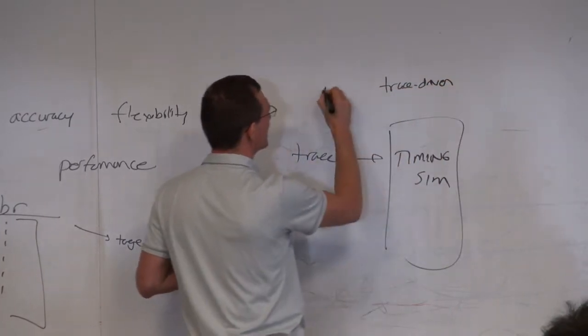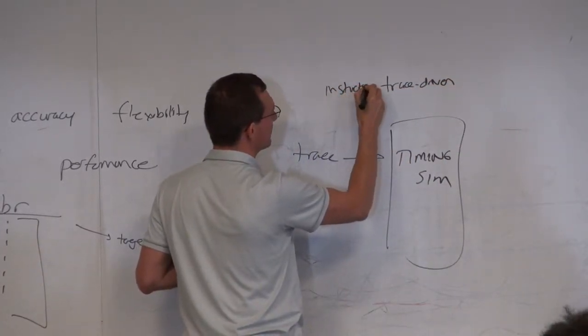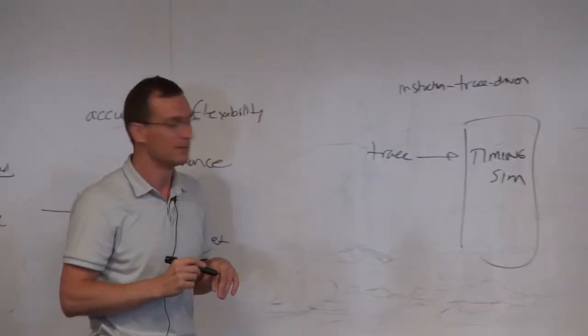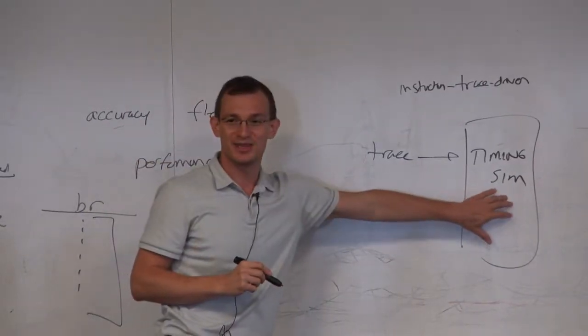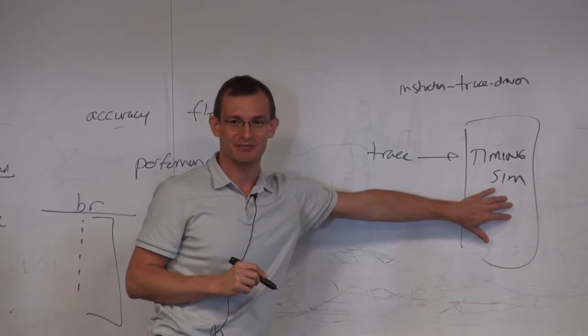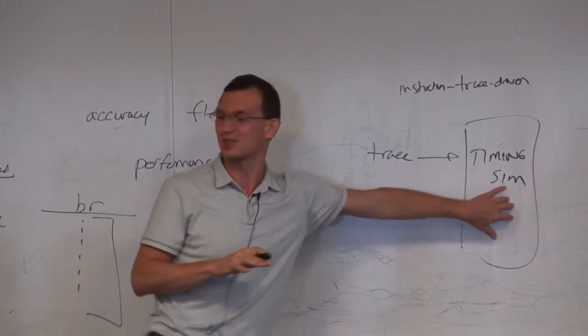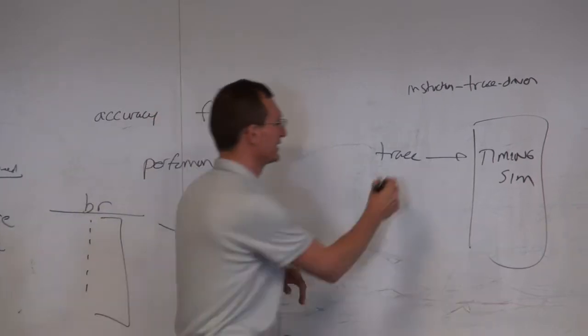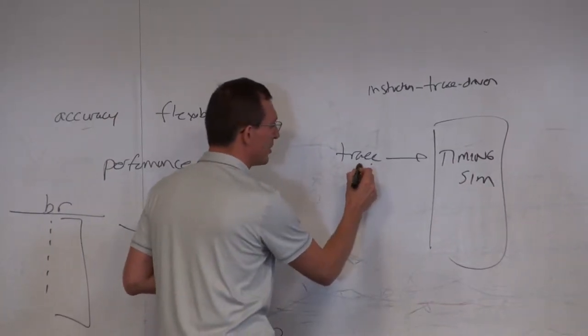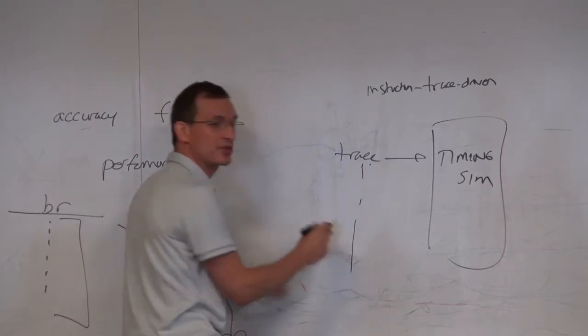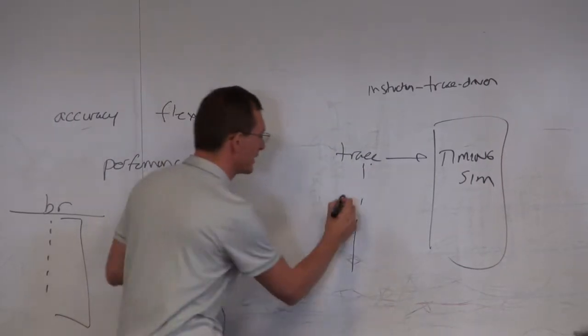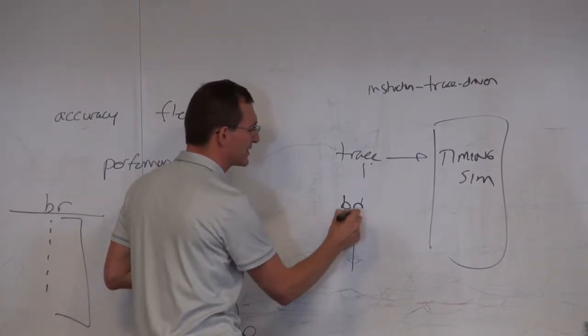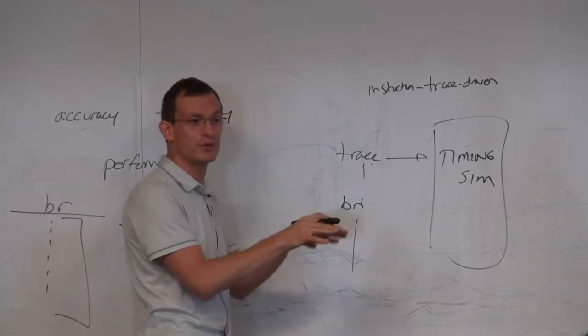In this case, instruction trace-driven, because you can actually generate a lot of information about instruction traces. Now, what is harder to do with this is what I described over here, wrong path modeling, for example. Here, you have a trace, and this is all the dynamic instructions that should be executed. For example, when you go to a branch, the next instruction is always the correct target of the branch.